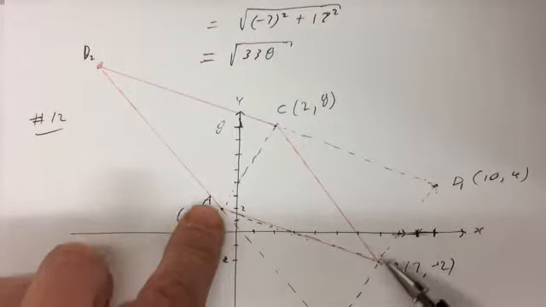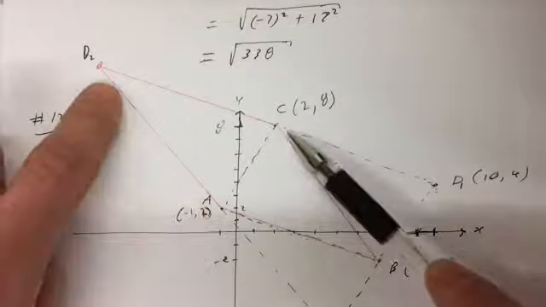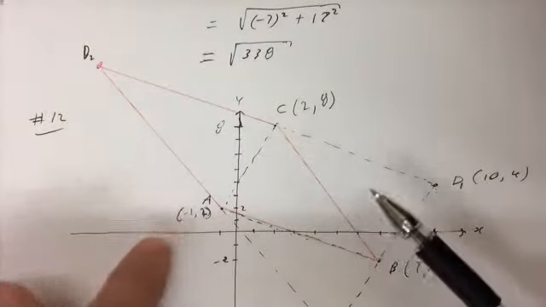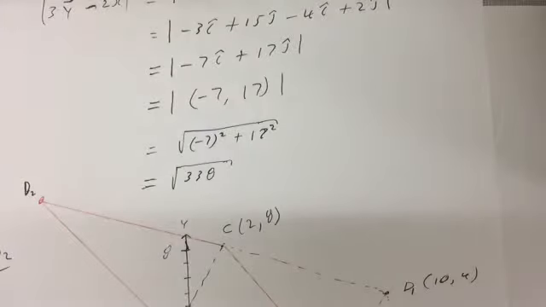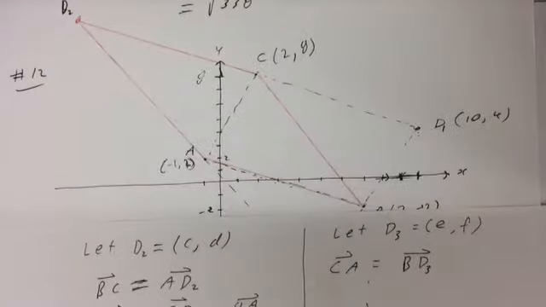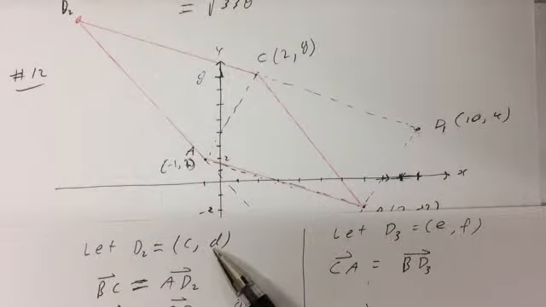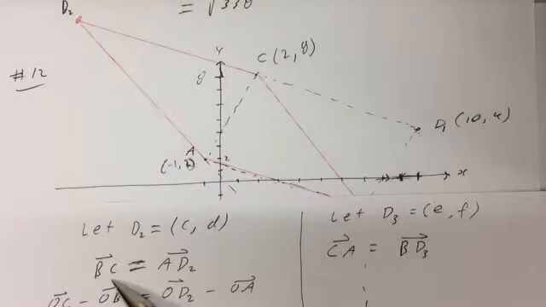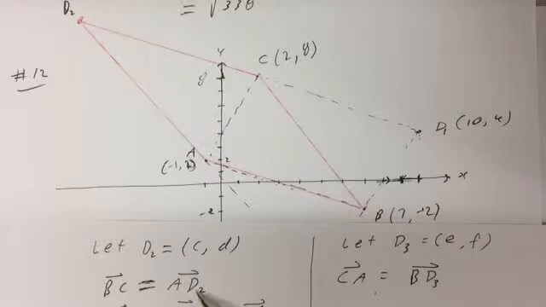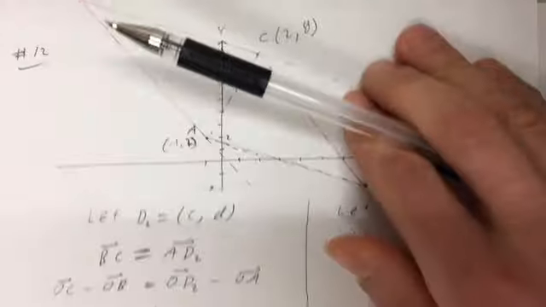BC and AD2 are the same vectors, starting from different points, but as vectors are the same. Okay, so let's take a look at that one. And this one I'll just set up for you. Okay, so in this case, we're going to let D2 equal CD and BC equal AD2. Okay, which is what I said.